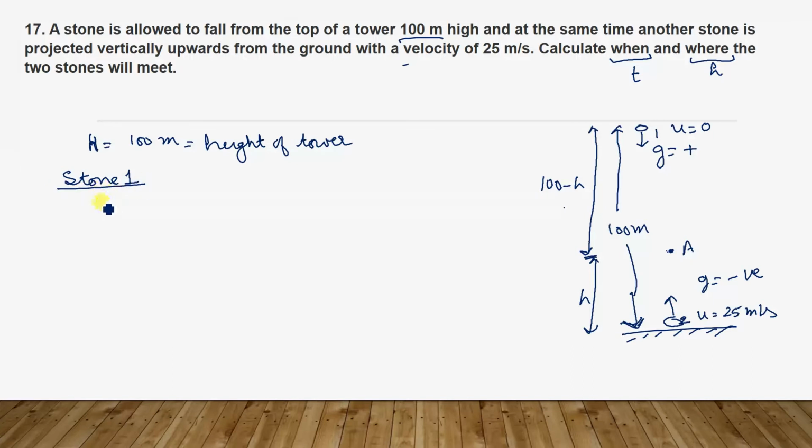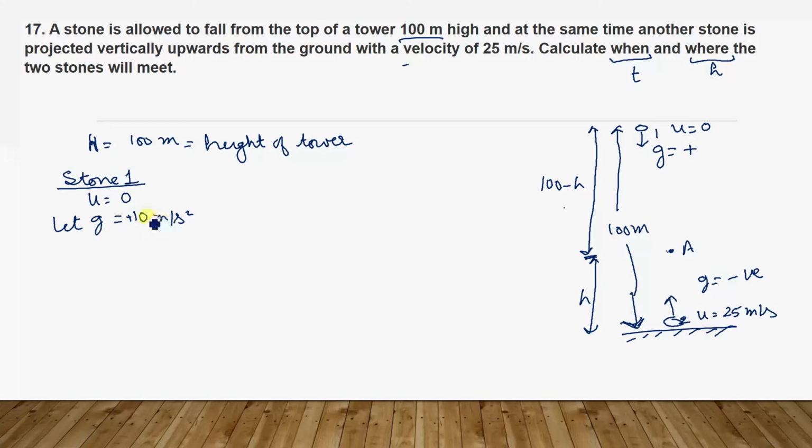It is allowed to fall, so u is 0. We will take g as plus. Let's take it as 10 for simplification, 10 meters per second square. Let g be 10. It is plus.